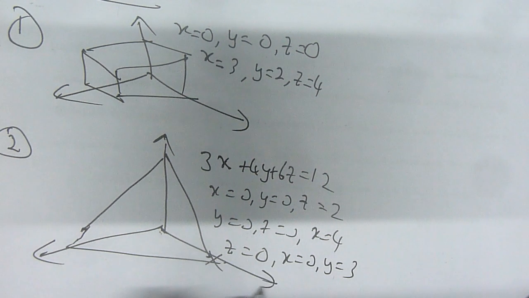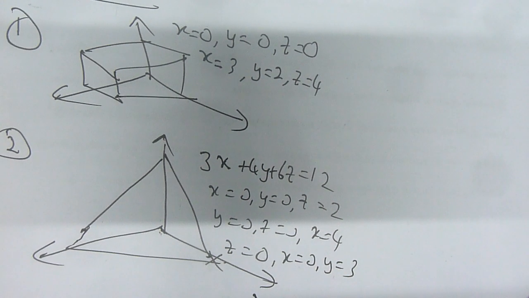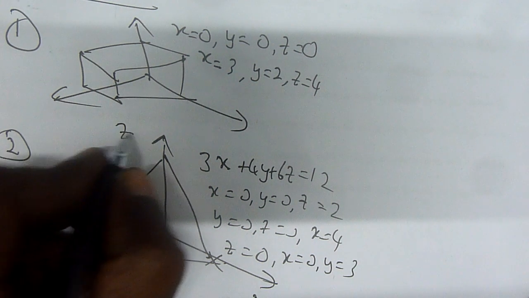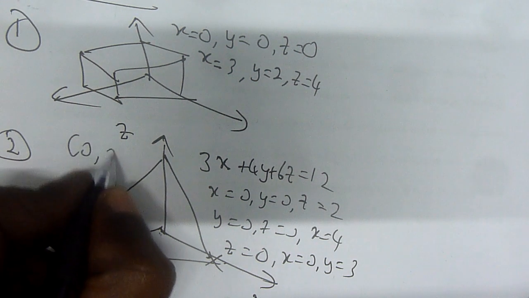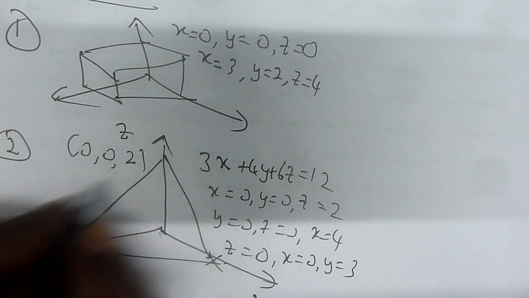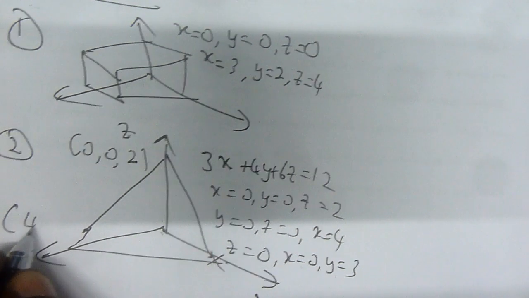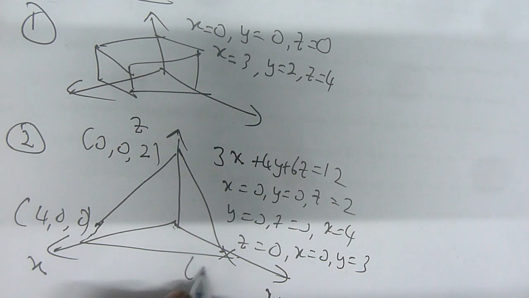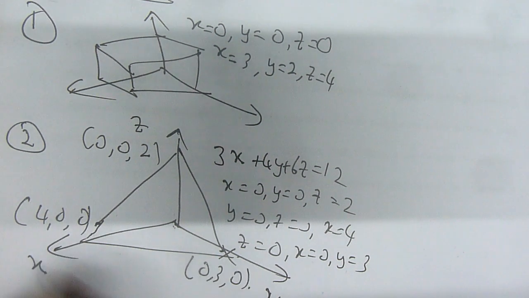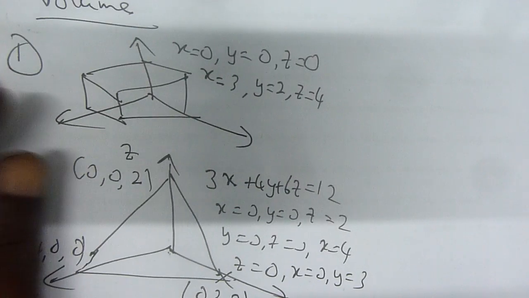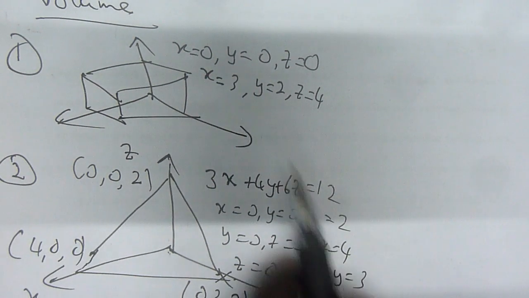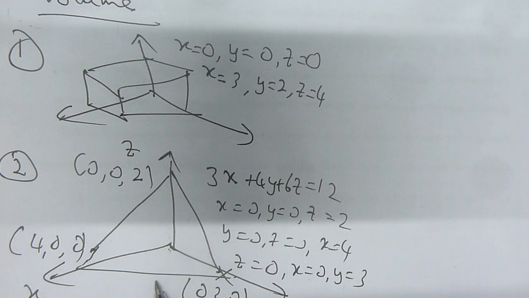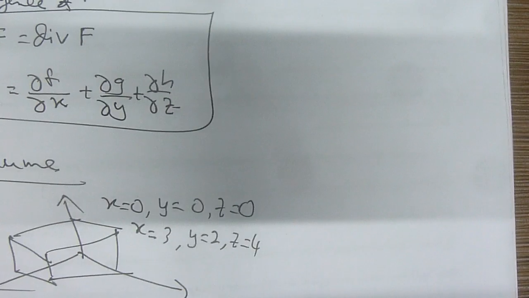Then you just define them according to the x-axis, y-axis. The points can easily be defined as (0, 0, 2), (4, 0, 0), and (0, 3, 0). Okay, this sketch you should be able to see. Once you see the equation, you should be able to sketch the volume. This is very important.